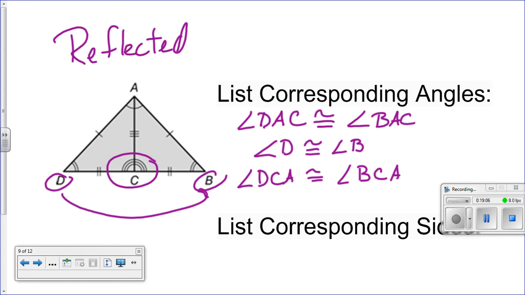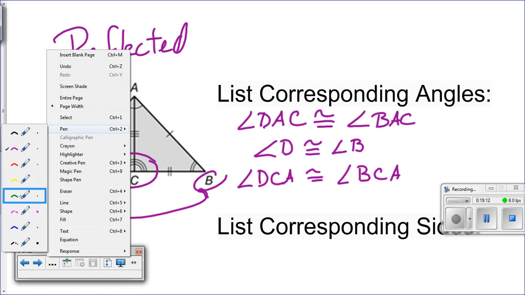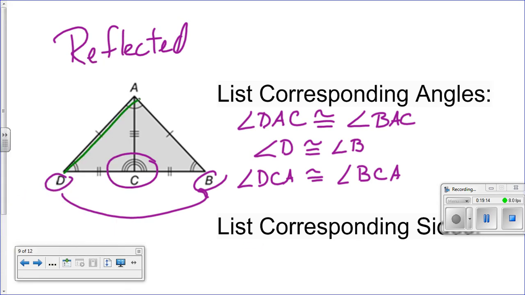Your corresponding sides. These can be a little on the easier side here. So I can say line segment DA is congruent to line segment BA.